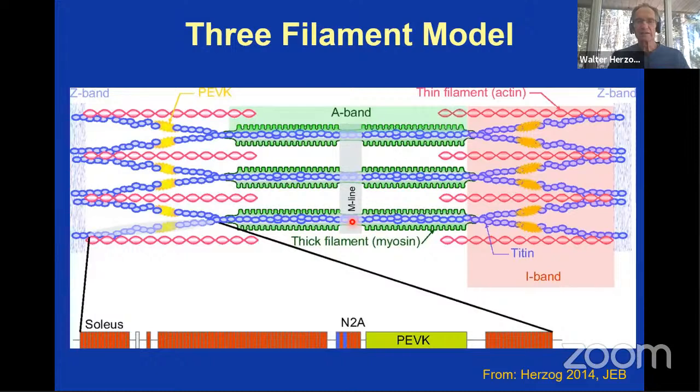And so here we see titin in blue that goes from the middle of the sarcomere and is fixed onto the myosin filament and then runs freely across the I-band region along the actin filament. And then here at the very end it inserts and connects with the actin filament, and then together with the actin filament goes and anchors itself into the Z-band.